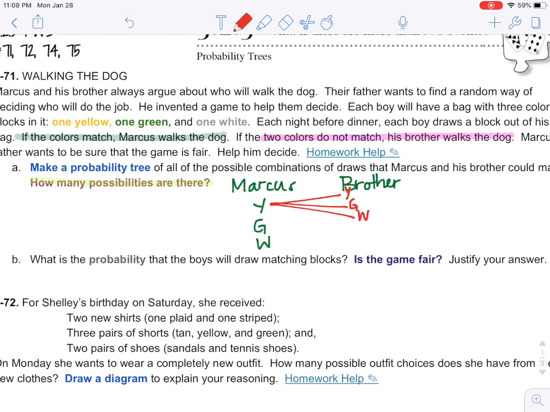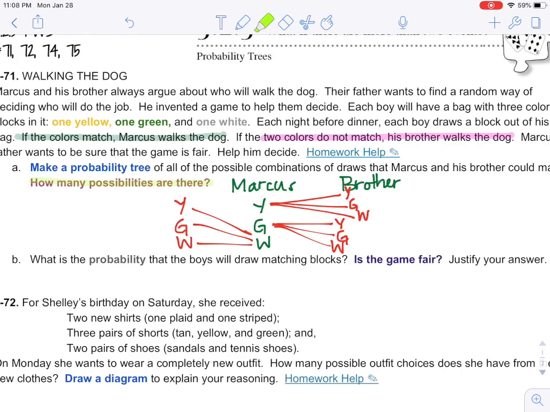So we're going to draw that out. The way that CPM represents this, it doesn't matter which way you're branching it out. So I'm going to go the opposite direction with white so I can squeeze in my work here. If Marcus chooses a white, his brother can choose yellow, green, or white again.